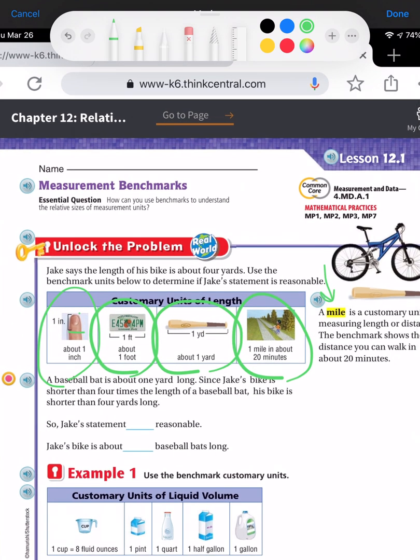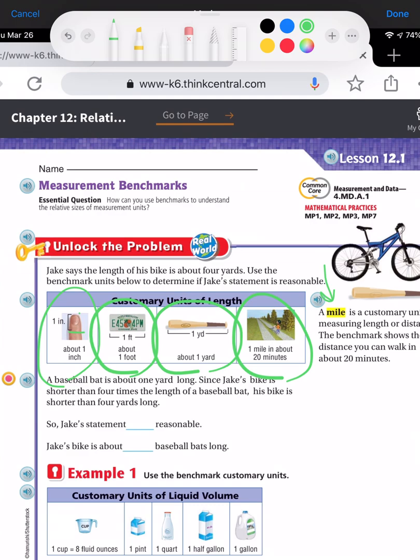And so when we think back at that question there, a baseball bat is about 1 yard long. And since Jake's bike is shorter than 4 times the length of a baseball bat, his bike is shorter than 4 yards long. I think that's definitely true. When you think about a typical kid's bike, I would say it could be maybe 2 baseball bats long, maybe even coming up on 3 baseball bats long, but not 4.